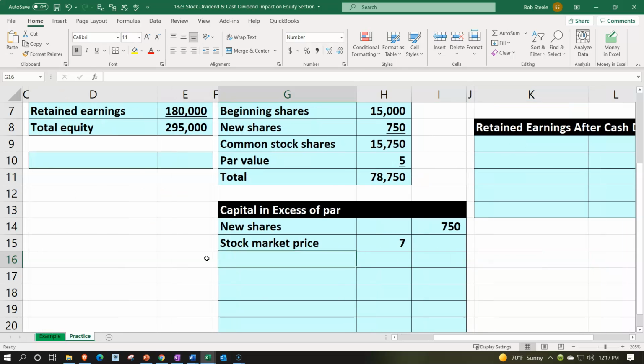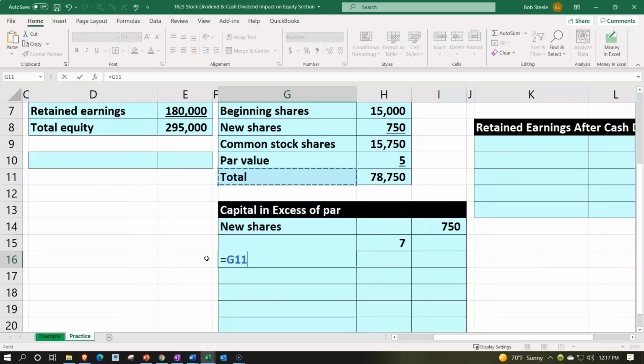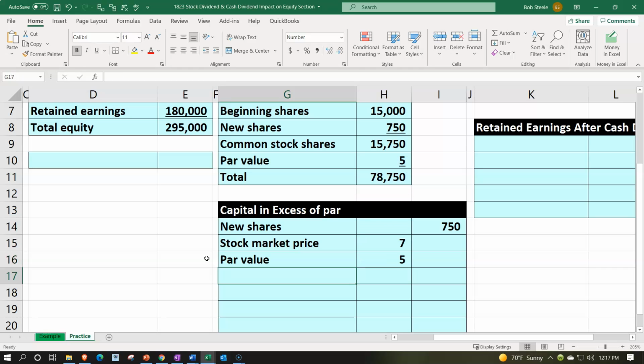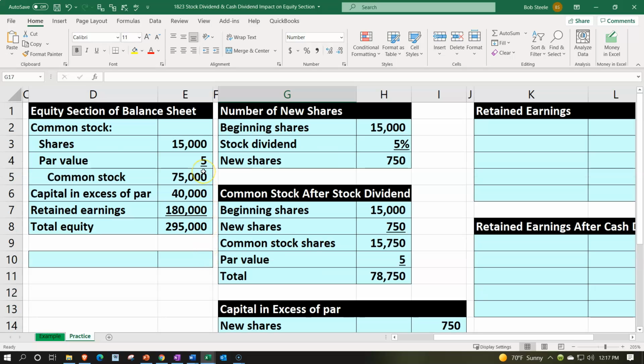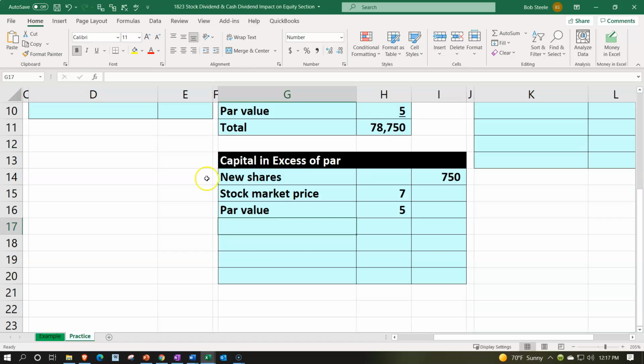Now, $5 was the par value. So they're pretty close here. We're going to take the difference between those two to adjust the capital in excess of par, because remember, we have to split up the value between these two things, the common stock and the capital in excess of par, if we have a company that has par value.